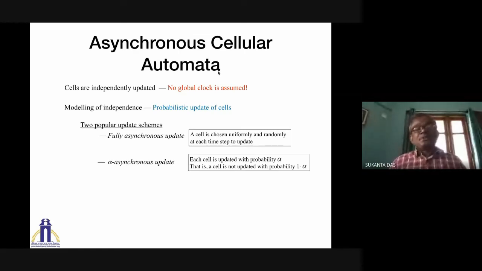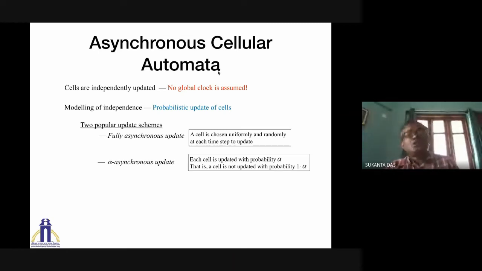So alpha-asynchronous update is a generalization of the classical synchronous scheme. And as alpha, you can put 0.9, 0.5, 0.001, etc. If you put 0, it is the trivial case, where nothing is updated. So these two popular models have been used to study asynchronous cellular automata.